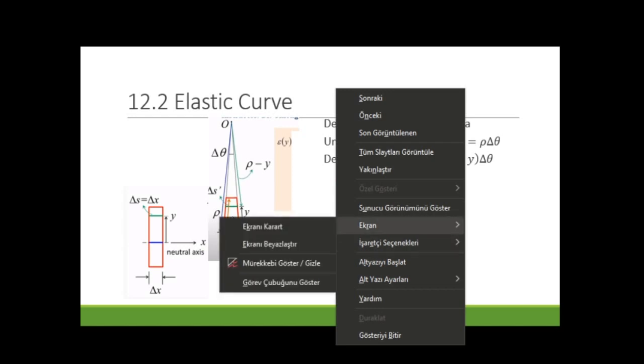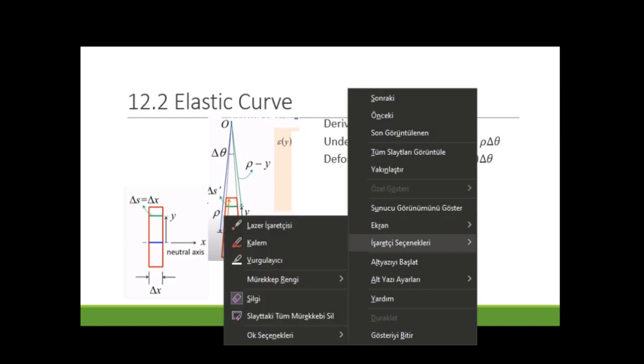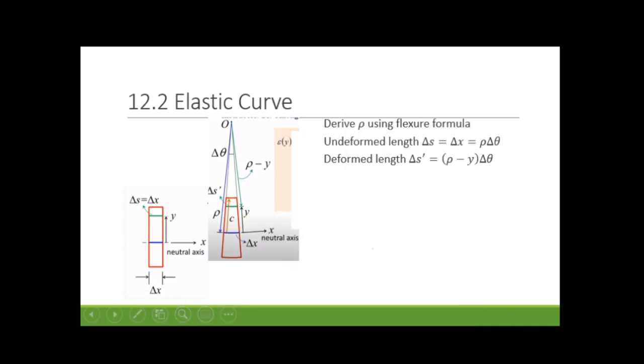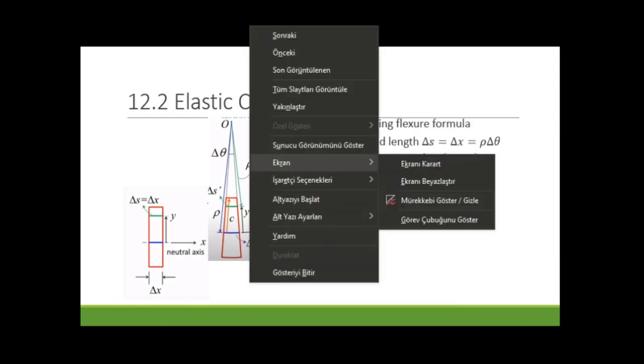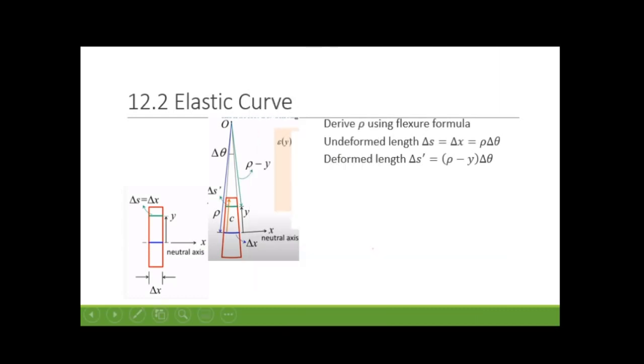So if we measure the undeformed shape, it is like this.